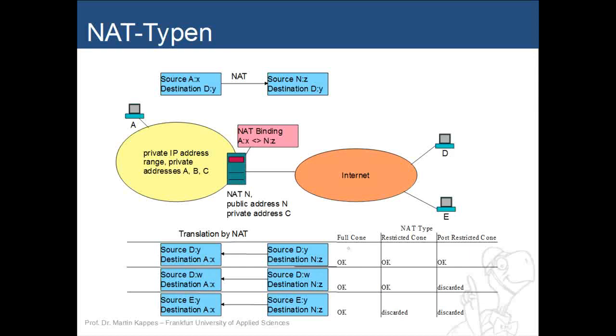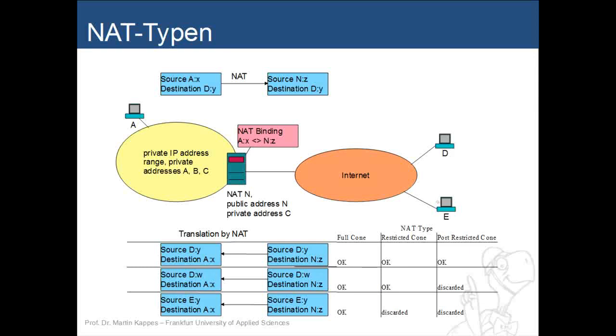And it is completely irrelevant as to what port this stems from, server side wise, or which machine it stems from. All of these packets here will happily go to NZ, whether it's from DY, DW, or EY, which basically means it may be from the machine that was actually contacted here and the same port. It may be from another port on this machine, or it may be from an arbitrary port on this machine here.